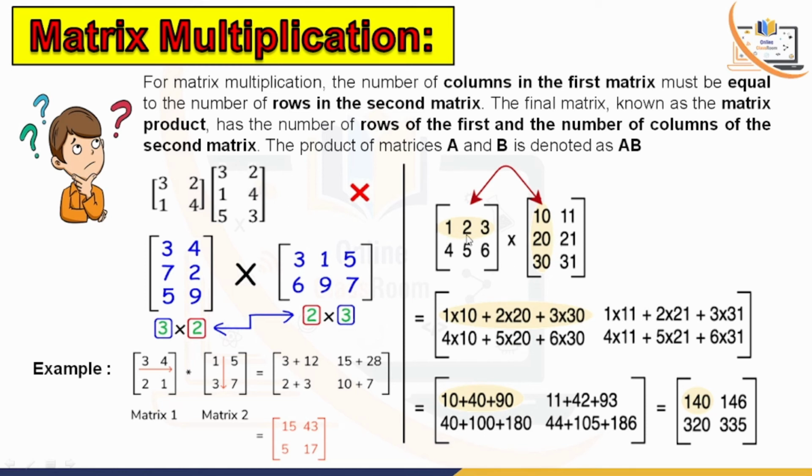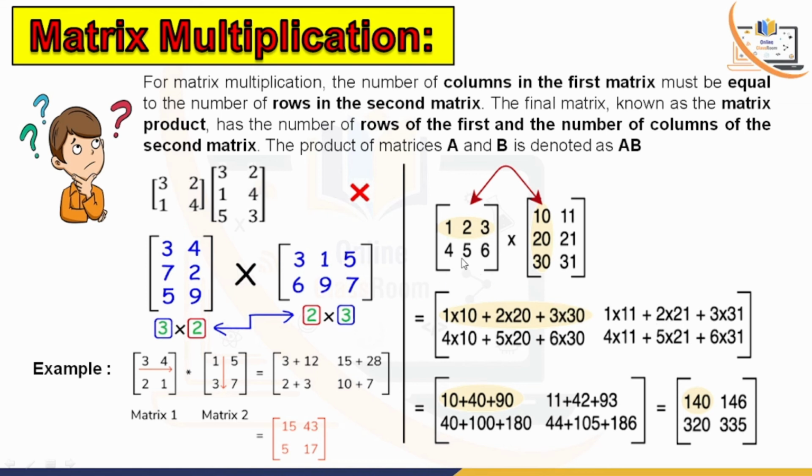Now look, if you consider this particular first row, it will be multiplied with the first column. So it will be 1 into 10 plus 2 into 20 plus 3 into 30. So that is your first member. And next one will be first row versus second column. That means 1 into 11 plus 2 into 21 plus 3 into 31. So that is the corresponding member.